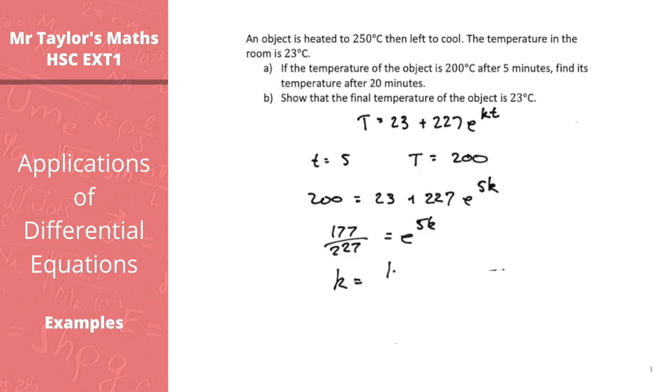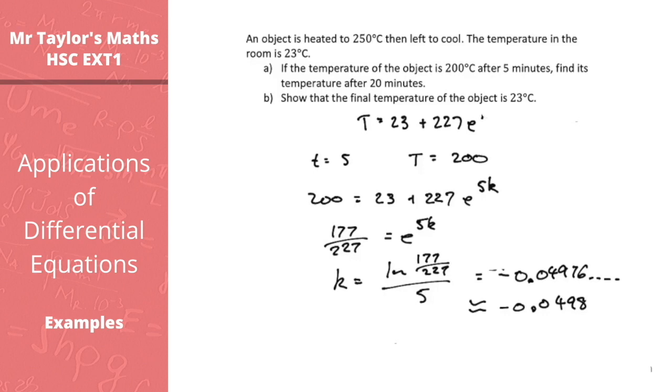So ln(177 over 227) all over 5, and that is negative 0.04976, or approximately negative 0.0498. Okay, so I can put that in here. That's my value of k. So T equals 23 plus 227 e to the negative 0.0498t. Okay, that is my model.